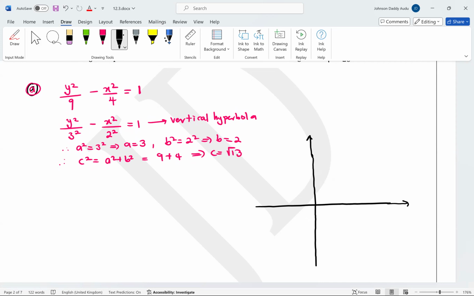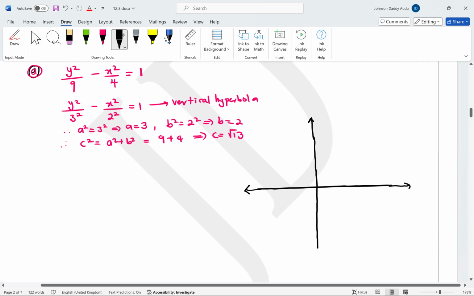So remember, this is centered at where? It's centered at origin. Now, since it's centered at origin, this is our center. And you can see we know it's a vertical hyperbola. If it's a vertical hyperbola, it means our transverse axis is going to be the what? The y-axis.